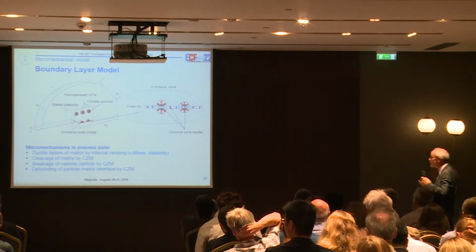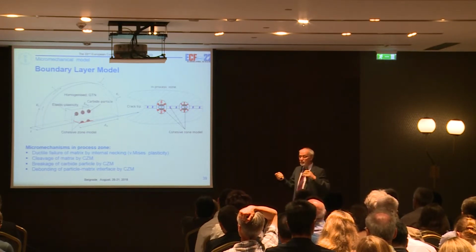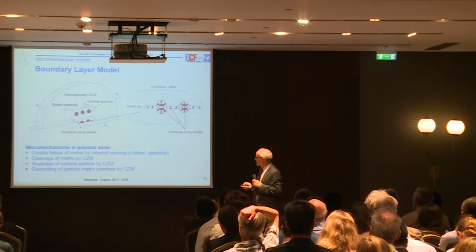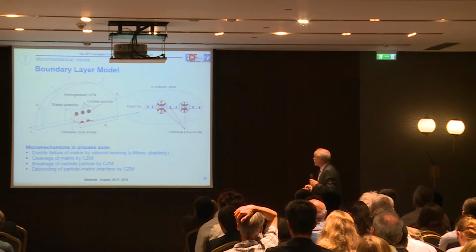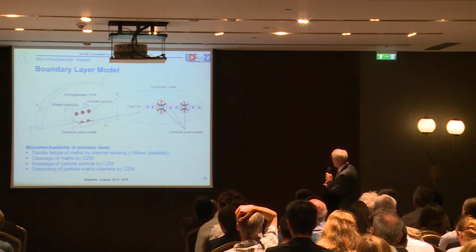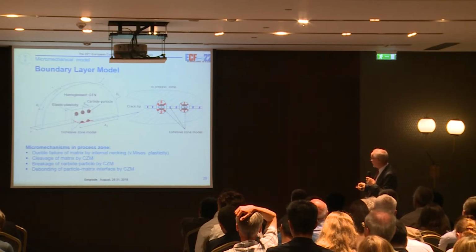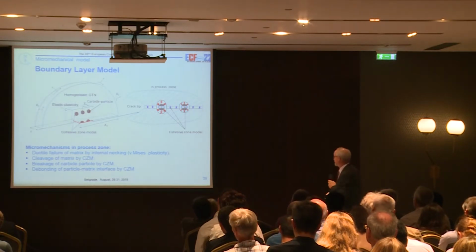So we take a similar model as with the cast iron. Now the difference is that in the geometry we have much smaller particles, and the characteristic distance is also smaller, and these are now really particles, no longer voids, and we have to capture all mechanisms: cracking along the ligament by means of cohesive zones in the matrix, but also the cleavage cracking of the particles in the blue cohesive elements, and the debonding between the carbides and the matrix.